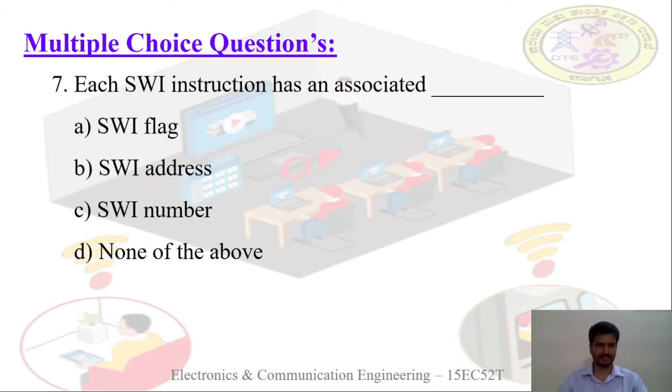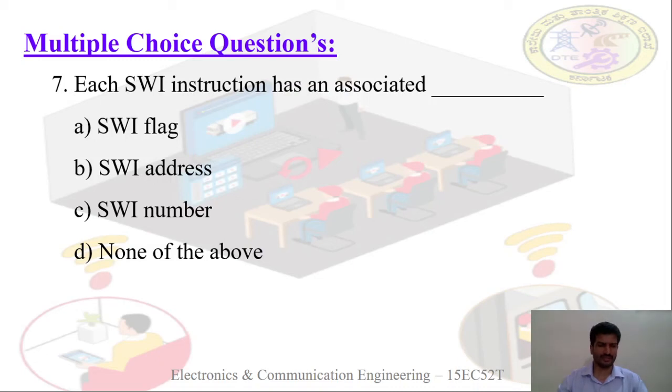So next question. Each SWI instruction has an associated dash: A. SWI flag, B. SWI address, C. SWI number, D. none of the above. Each SWI instruction, software interrupt instruction, has an associated dash.